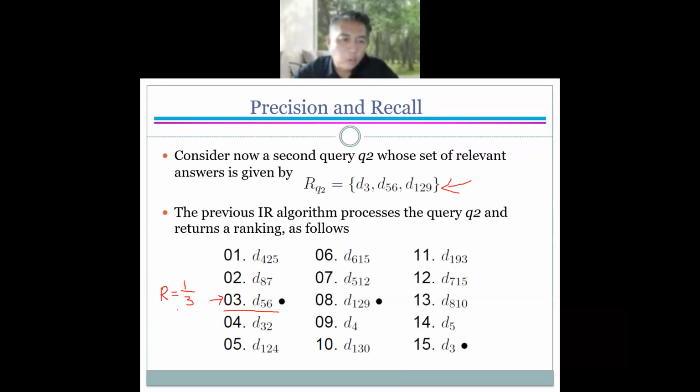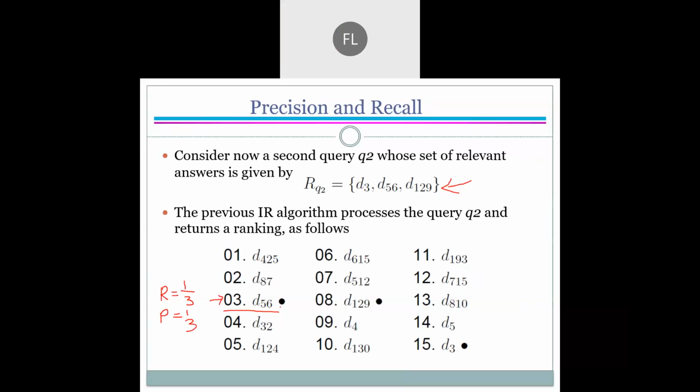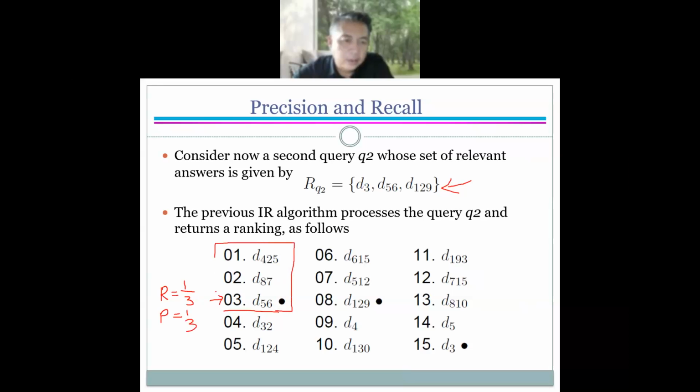What is the precision? 1/3 also, because we look from here: out of 3 documents, only 1 is relevant.